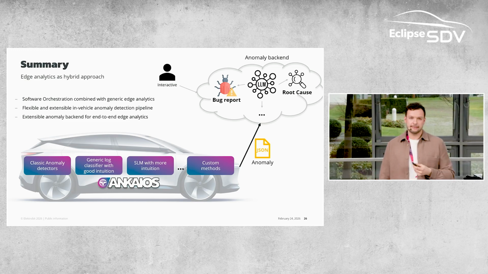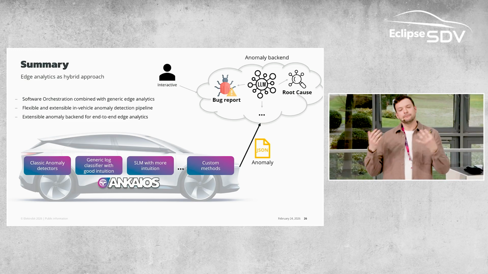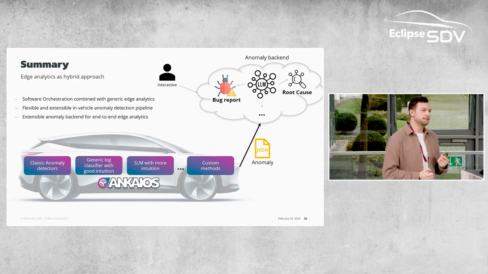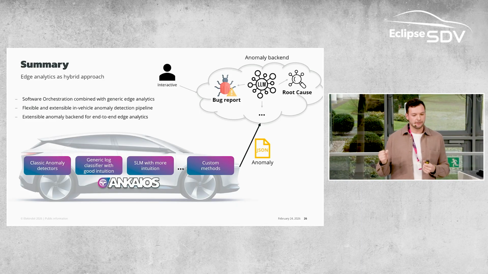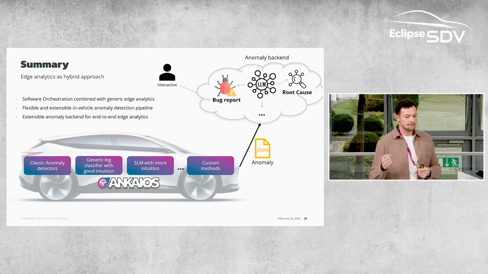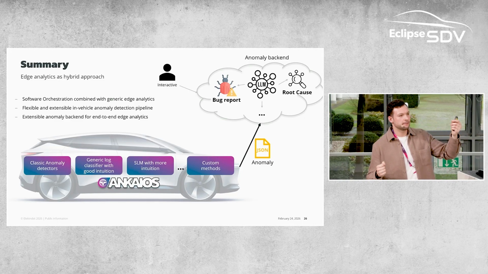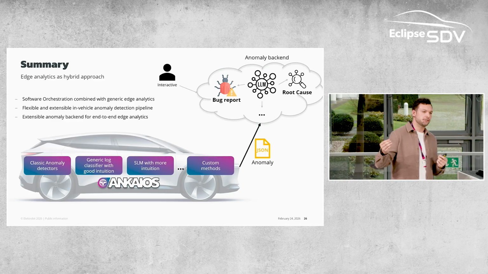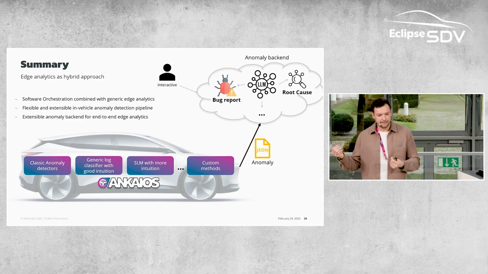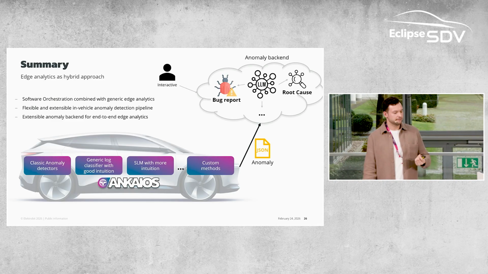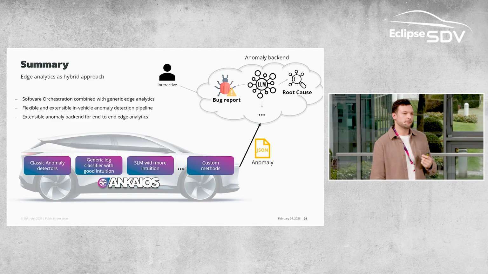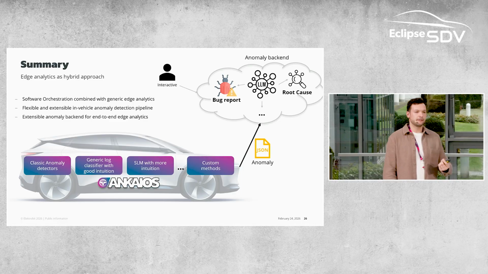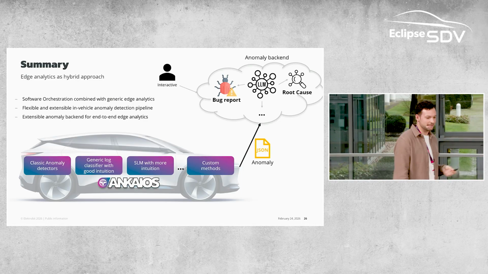But also, you need a smart and extensible in-vehicle anomaly detection pipeline that's in balance with your hardware resources. So if you have, for example, GPUs available, you can increase your intuition by doing more fancy stuff and invoking small language models. They're really good in it. If not, I have also shown some concepts how to have something for more CPU-friendly environments.